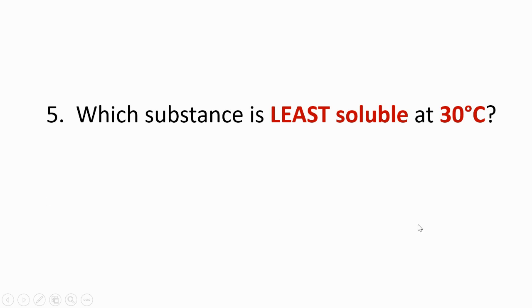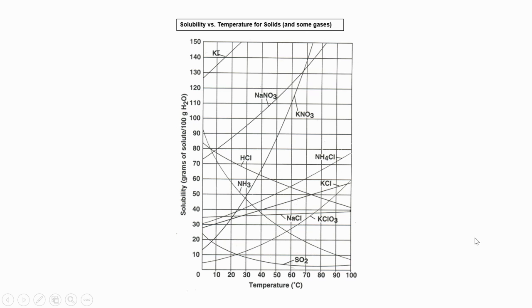Next question, which substance is least soluble at 30 degrees? The one that is least soluble is the one that has the fewest grams dissolved at that particular temperature. Our choices are going to be NaNO3. I can dissolve about 95 of NaNO3. HCl, I can only dissolve about maybe 67 of HCl, so it's not NaNO3.